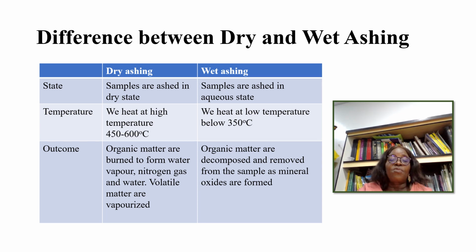Organic matter is burned to form water vapor, nitrogen gas, and carbon dioxide, and volatile matter is vaporized. That is for dry ashing. And then for wet ashing, organic matter is decomposed and removed from the sample as mineral oxides are formed. These are the major differences.